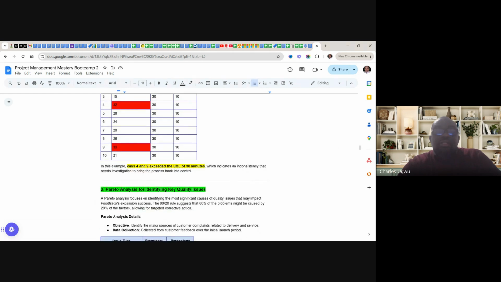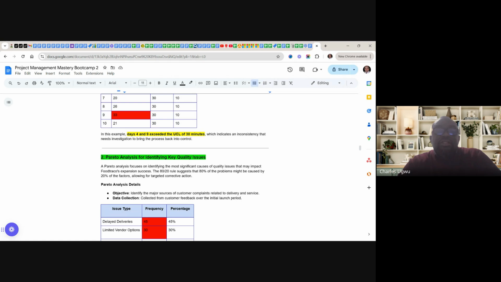The next one is Pareto analysis. Pareto analysis is focused on identifying the most significant causes of quality issues that may impact food truck expansion success. For instance, it uses the 80/20 rule, suggesting that 80% of the problem might be caused by 20% of the factors, allowing for targeted corrective action.